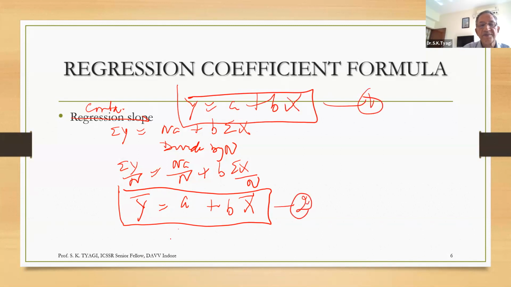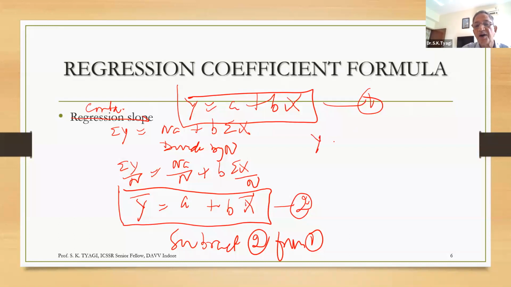Now you subtract this equation from that equation, subtract 2 from 1. So y minus y bar is equal to a minus a, which is 0, plus b into x minus x bar.